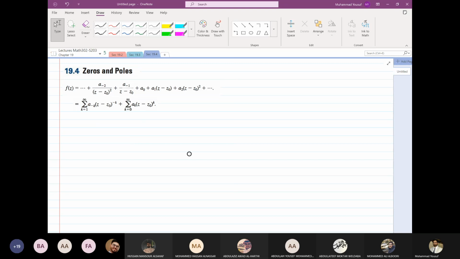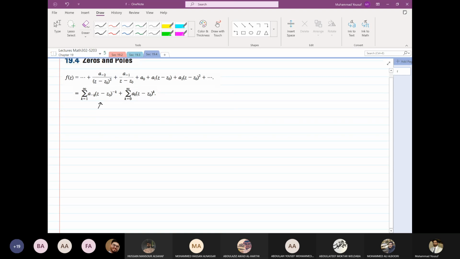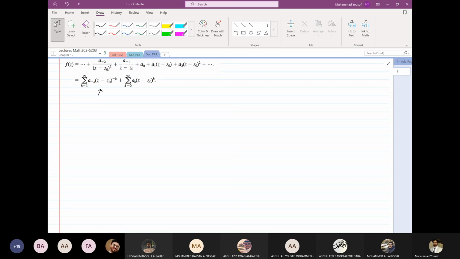In this Laurent series, it has two parts. This part is called the principal part, when we have z minus z naught to a negative power, or we write it in the denominator.